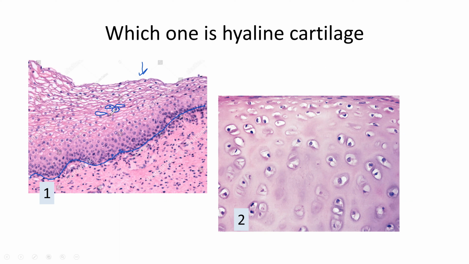You see the cell membrane here even. That's stratified squamous. Over here, we see chondrocytes inside the lacunae, and lots of matrix in between them. That's hyaline cartilage, and picture number 1 is stratified squamous.